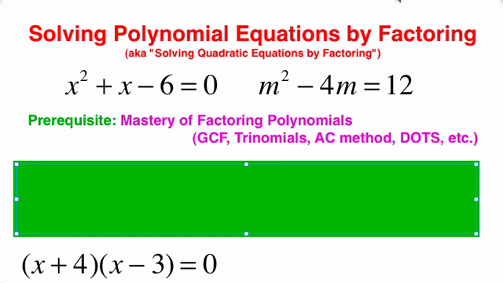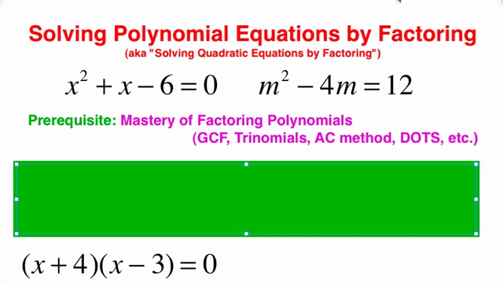Greatest common factor, GCF, factoring simple trinomials, factoring non-simple trinomials, for example with the AC method, factoring difference of two squares, which we call DOTS. Maybe sometimes it's called difference of squares. There's a nice variety of factoring polynomial techniques, and you really have to have a good repertoire of skills before you learn how to solve equations using factoring.